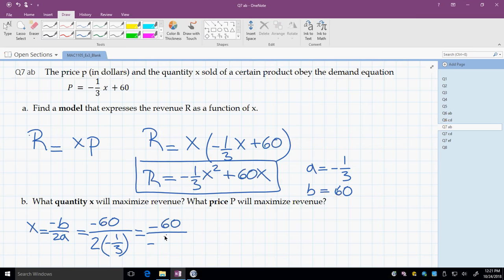So it's going to give me actually a negative 2 over 3. Now negative and negative is going to give me a positive. I know that I'm going to have 60, and I'm going to flip the denominator so I can multiply the two fractions. 60 times 3 is going to be 3 times 0, 0, 3 times 6, 18, divided by 2, that is going to be equal to 90.